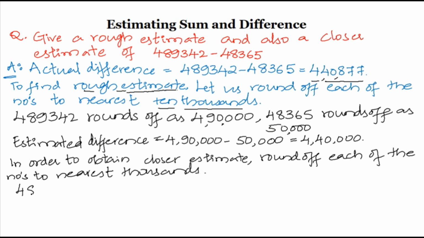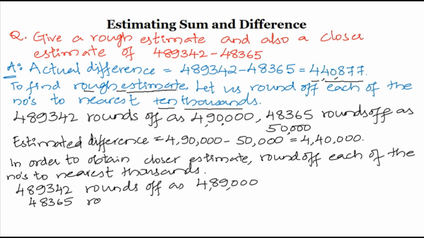So 4,89,342 rounds off as 4,89,000 only, and 48,365 rounds off as 48,000.